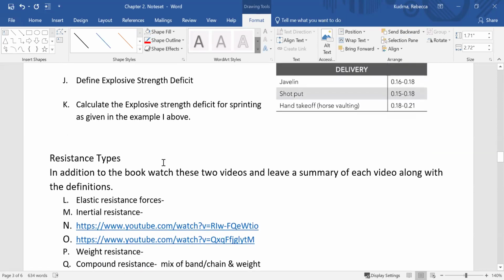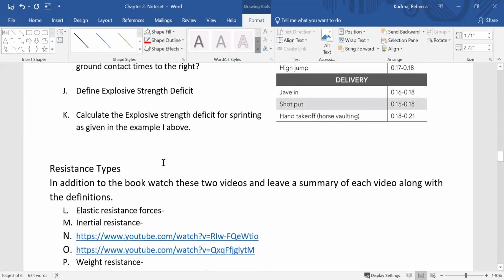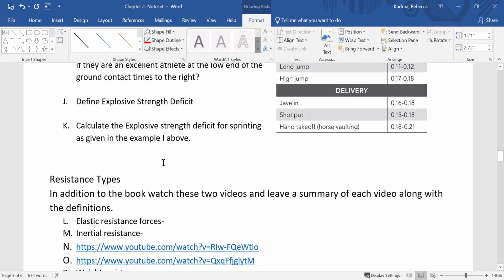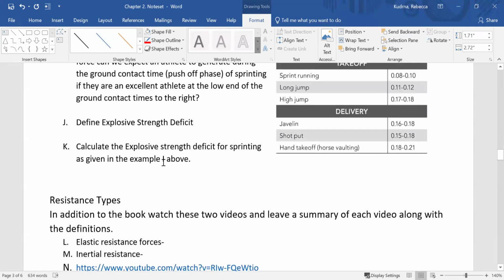Okay, let's move on. Now, these are some application questions, looking at application of this information. There are also some terms here that relate to this idea of rate of force development, and also what we call the explosive strength deficit. And that is how much force, we can measure how much your maximal force generating capacity is, using maybe a maximal lift or a maximal isometric lift. But when you move explosively, you're not able to express that full amount of force.